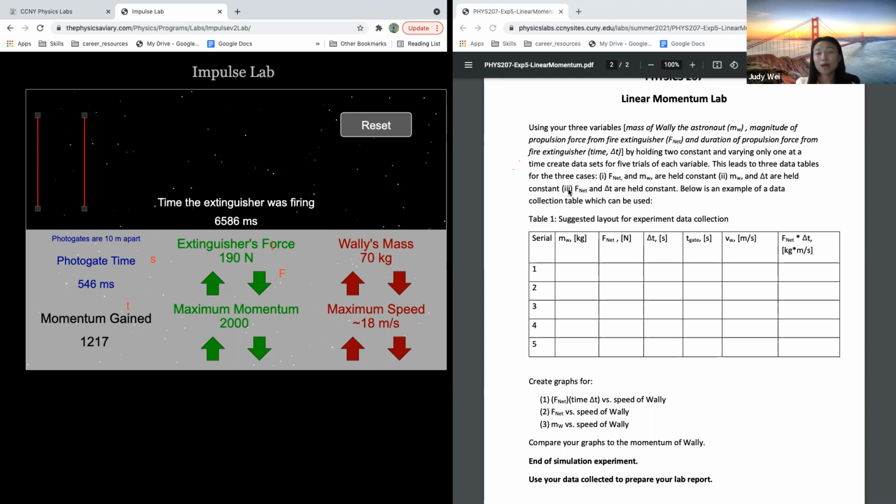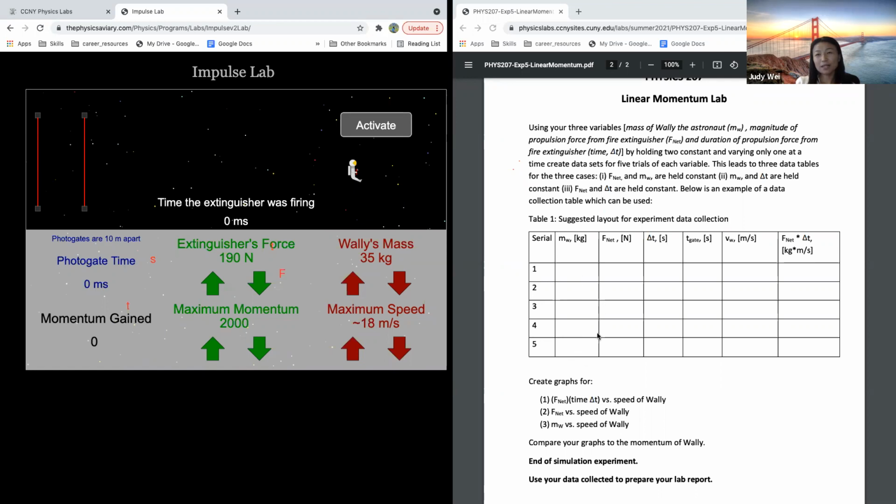And the third one, where you keep F constant and delta T constant, and you change the mass. Still, you do the same thing. At this time, you just try to keep delta T constant, F constant, and change the mass. So maybe 35 kilogram is the smallest mass we can use. So we can do 35, 40, 45, 50, 55.